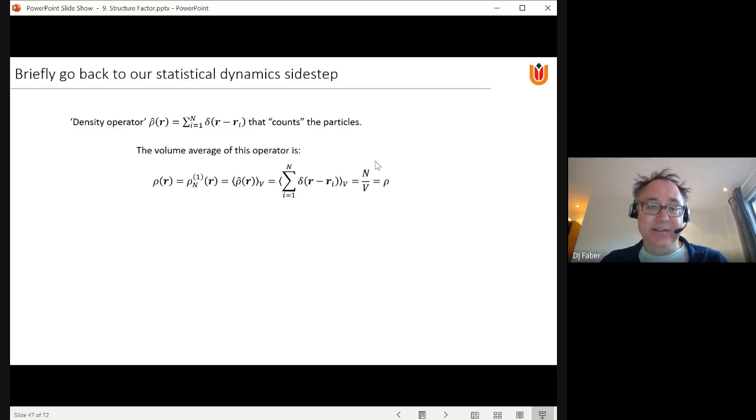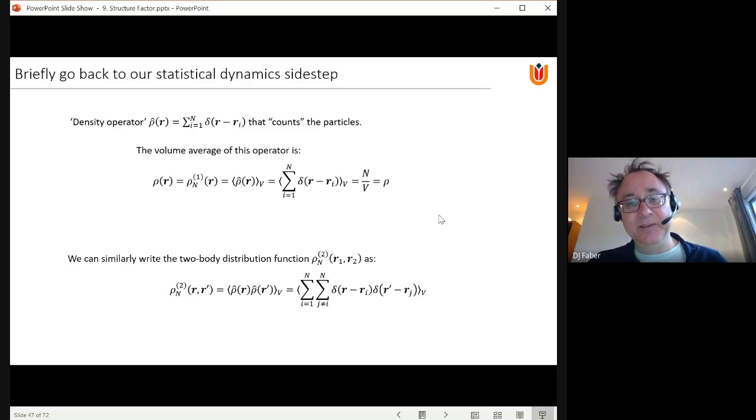So if you then take the volume average of this density operator, then you count the particles and you divide by the volume for the volume average. So that result would be N over V, and that was simply the density, the global density rho. So this volume average of this train of delta functions gives you the density.